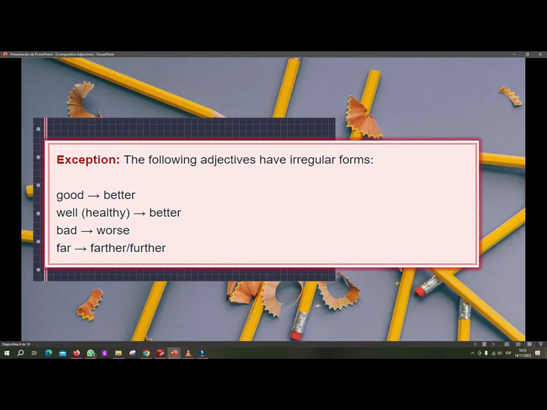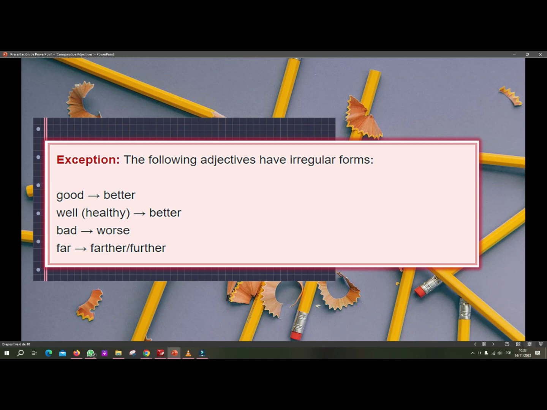Exceptions. The following adjectives have irregular forms. En el caso que ustedes tengan estos adjetivos como good, well, bad and far, son adjetivos irregulares.